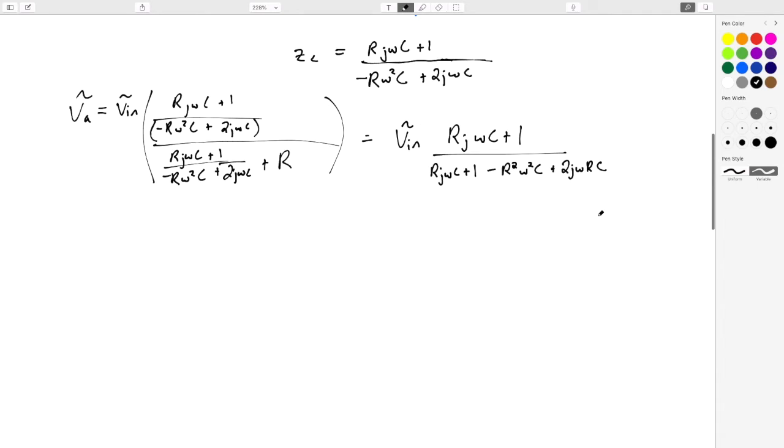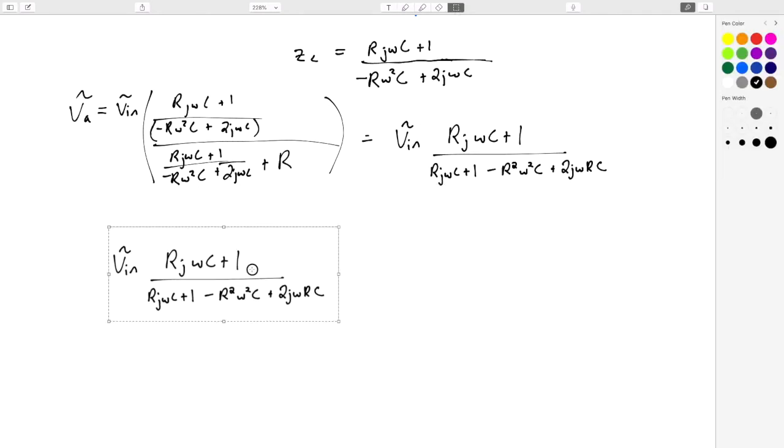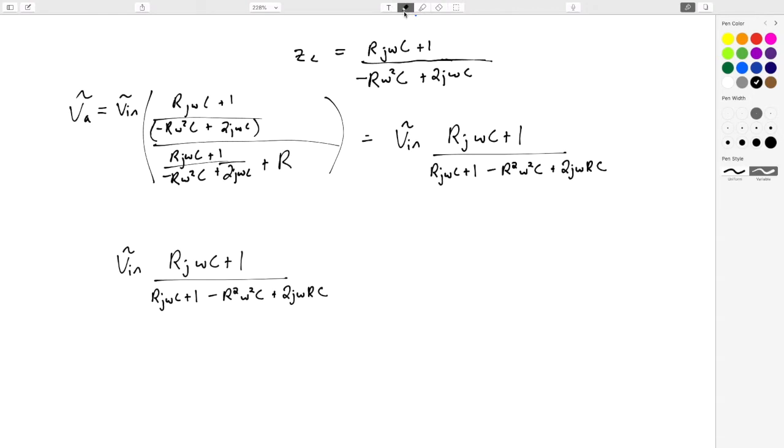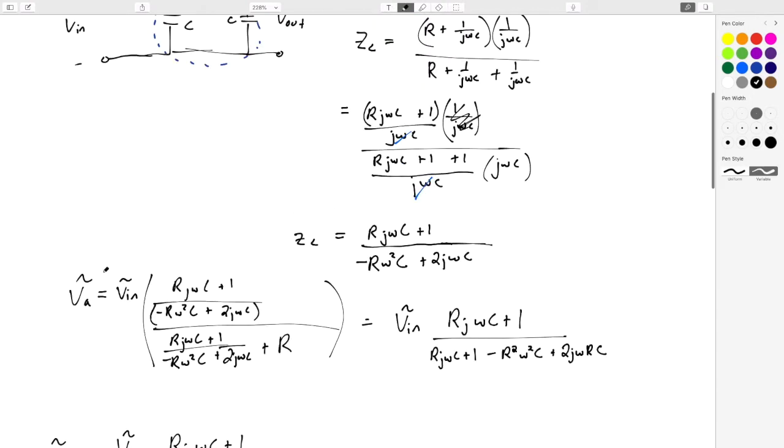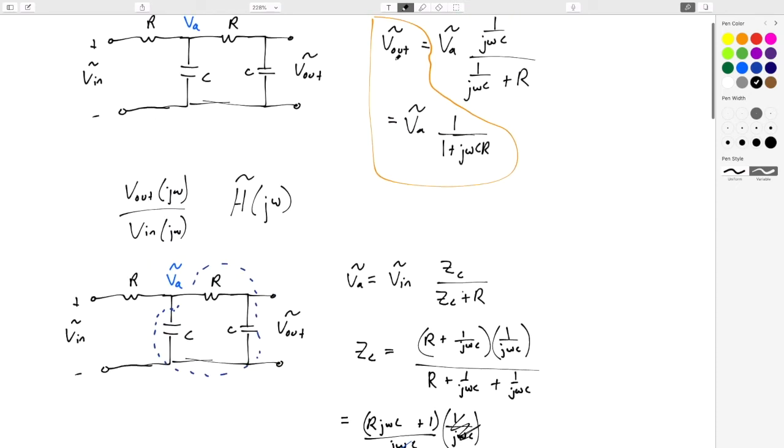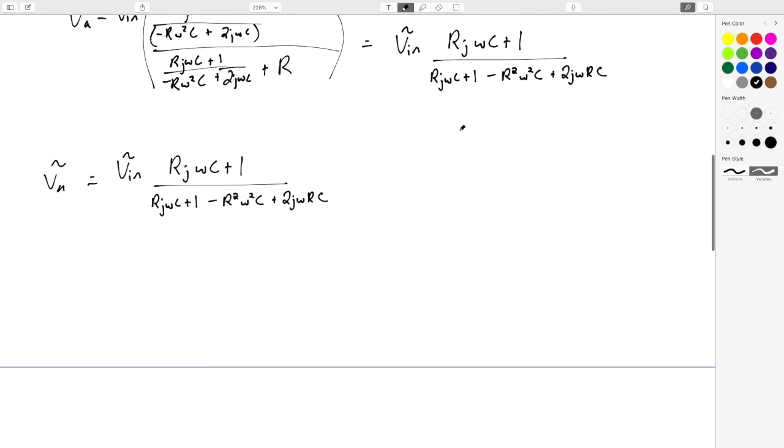All right, this isn't bad. So really what this is saying is VA equals V in times that stuff. And then up here we got V out equals VA times this stuff. So let's do this out then.